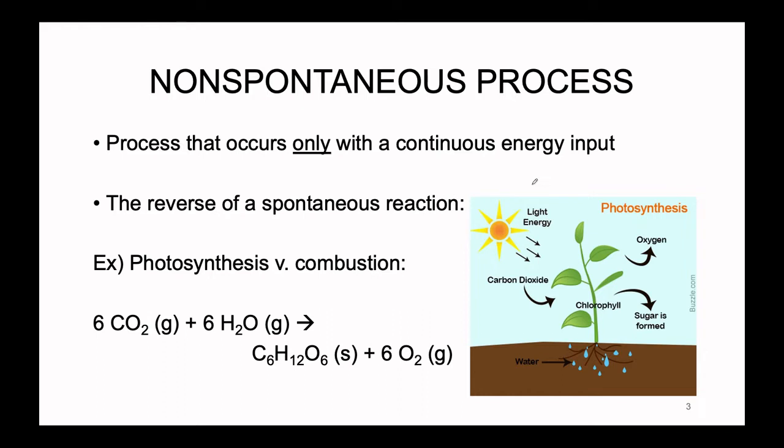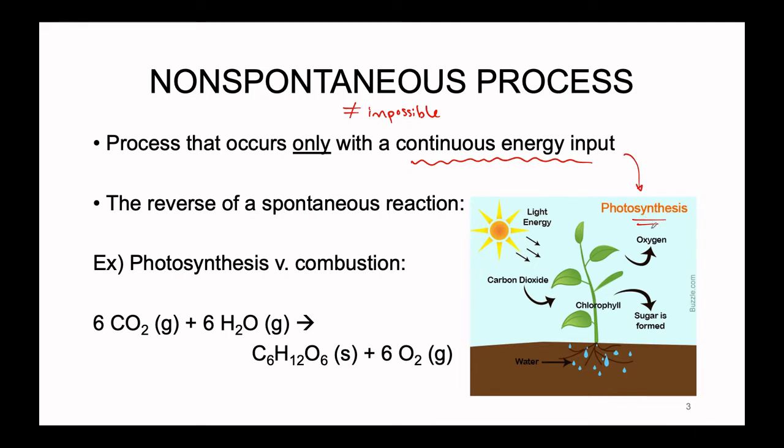All right, well, the opposite of a spontaneous process is a non-spontaneous process. And I want to be really clear that non-spontaneous is not the same thing as impossible. In fact, there are many naturally occurring non-spontaneous processes, even if you're looking out the window right now. A non-spontaneous process is simply one that requires a continuous energy input in order to keep moving in the forwards direction.